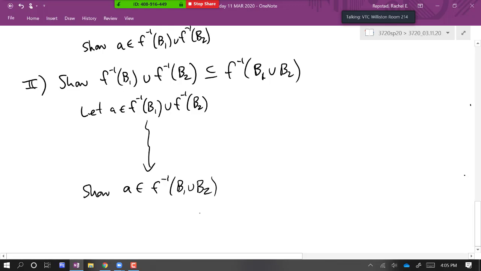How are you handling redos for this test? Oh, on the take-home test, you can pick one problem to rewrite. So when you pick that problem, your goal is to maximize the points you get back, so just consider the weight of the problem too.